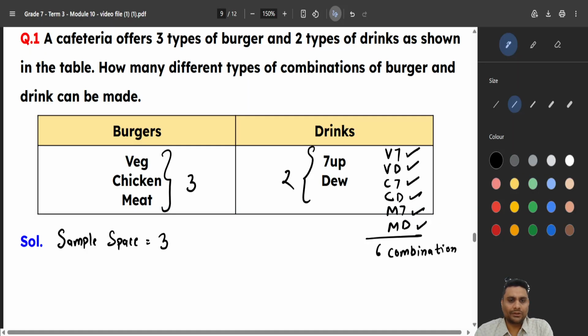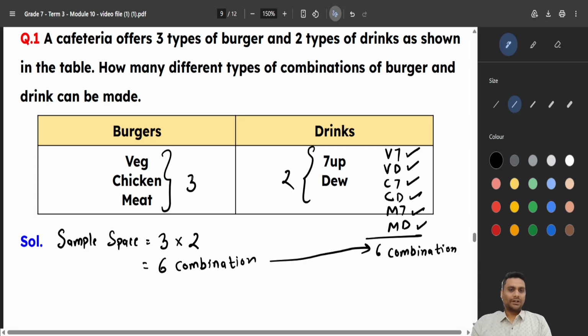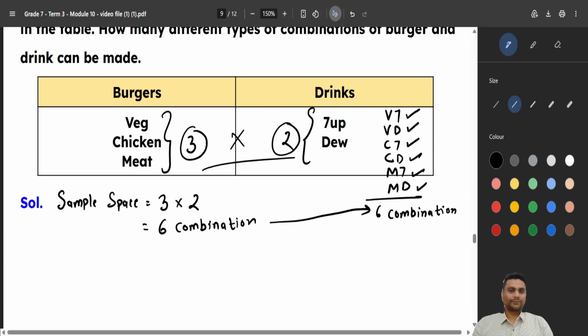So three types of burger and two types of drink. Just multiply them. 3 times 2 is 6. So the answer is 6 different combinations are possible. You can check, we got the same answer. So this is the trick. Take the different types of burgers, take the different types of drinks, multiply them, and you get the total possible combinations.